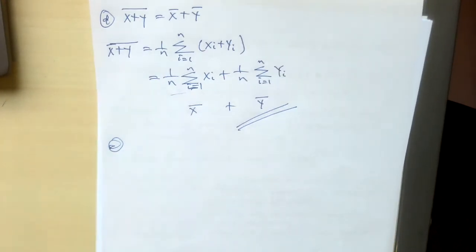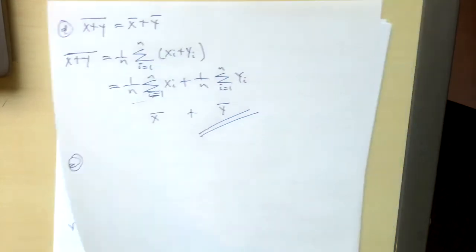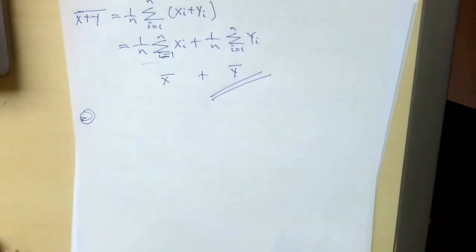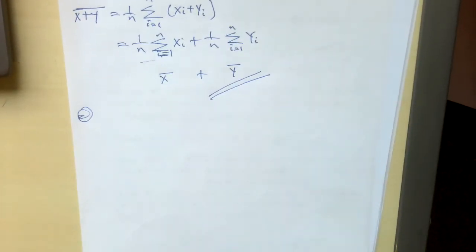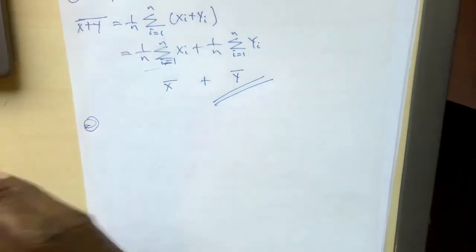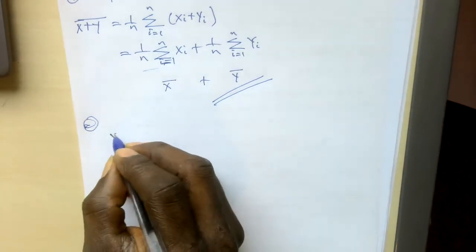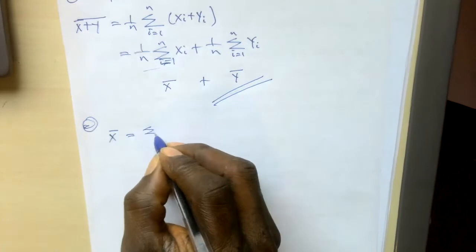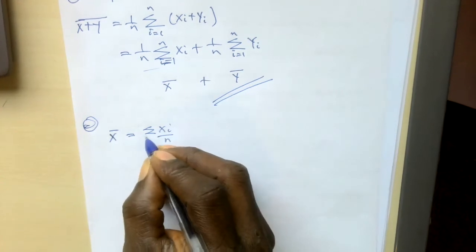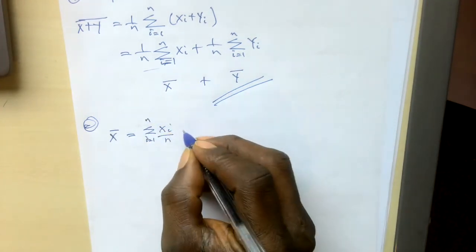It also is straightforward. So now let's start from the main mean, from the left side. We have x bar equals summation xi over n, that is i from 1 to n, right?